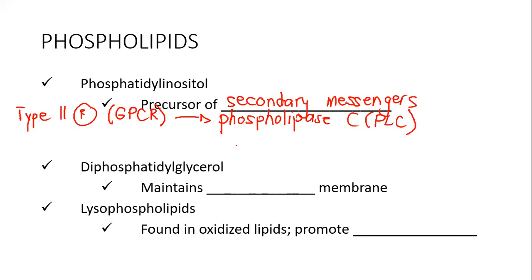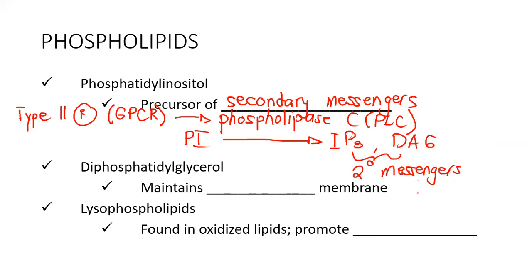And phospholipase C naman class, it mainly governs or it mediates the conversion of phosphatidylinositol into the secondary messengers inositol triphosphate or IP3 and diacylglycerol or DAG. So this inositol triphosphate and diacylglycerol, both of them are secondary messengers that ultimately leads to effect.